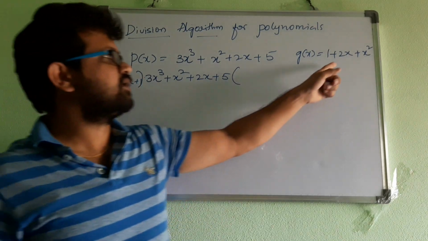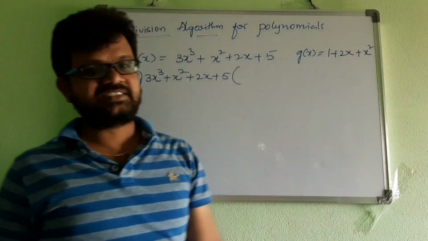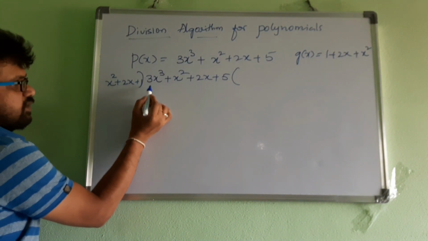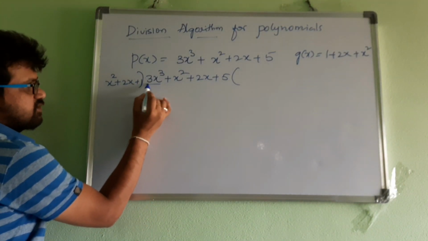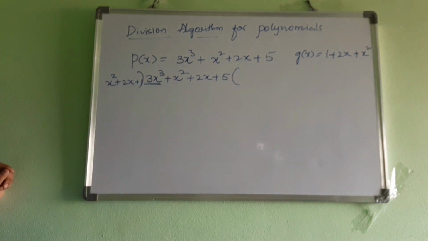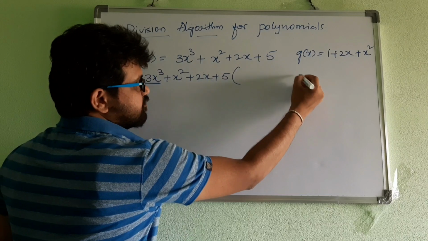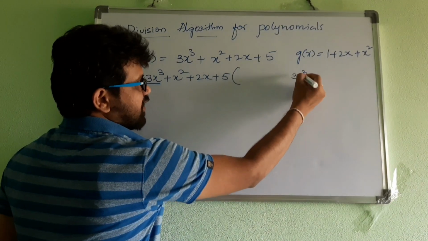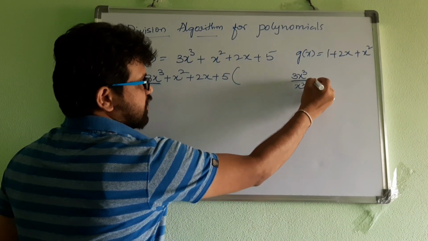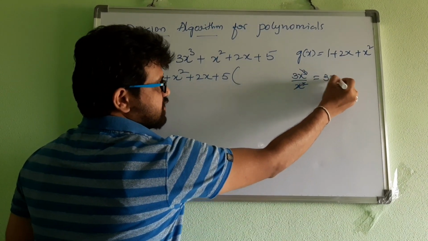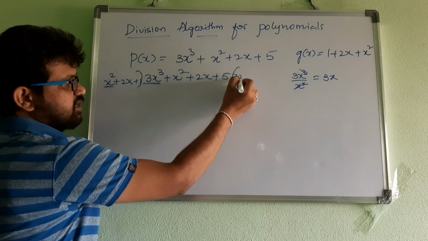Now take the first term, 3x cube, and divide by x square. x square cancels, we get 3x. That 3x you write here in quotient.